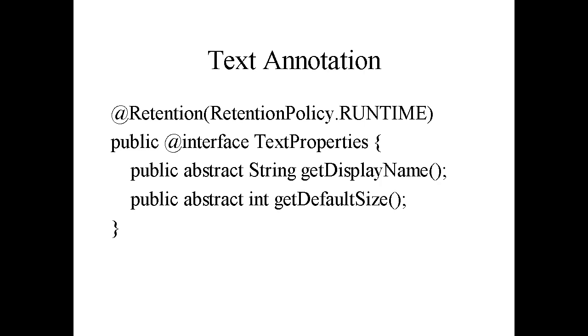I think the directive, the guidance for how to create it, and the details of how to implement it should essentially be separated, and that's the goal here for this kind of declarative programming. We would like to get some default size and some display name for text properties, and we can declare what these things are. The question of how you're going to implement a graphic user interface is a completely separate issue.